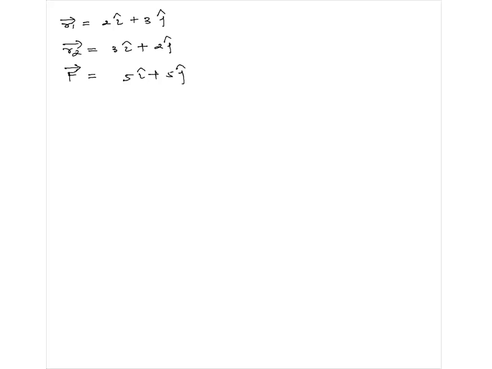Some particle moves from this position vector to this position vector. Consider this force acting on it throughout its journey. Now this is a constant force, just like gravity's case, paths should not matter.